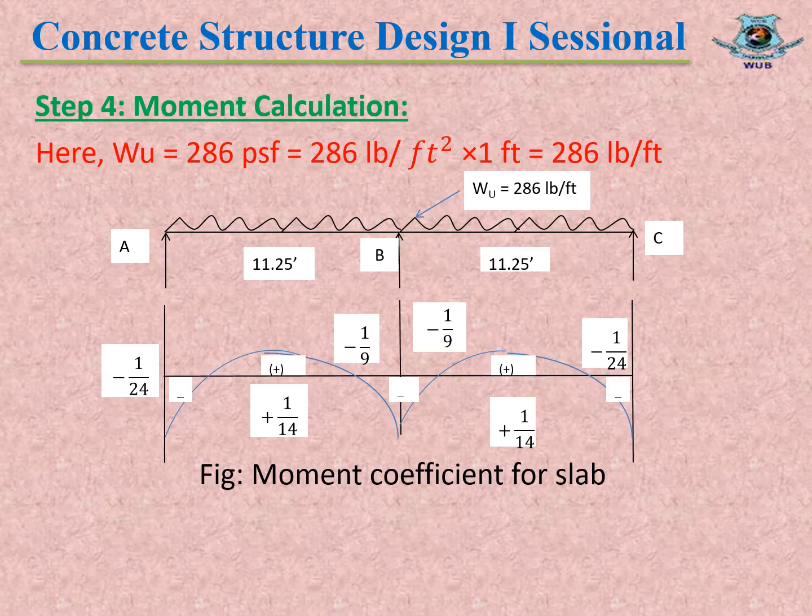This is ACI moment coefficient for slab. From this diagram, we can see that moment coefficient at exterior support is 1 by 24, mid span is 1 by 14 and interior support is 1 by 9. Here mid span moment is positive and exterior and interior support moment is negative.